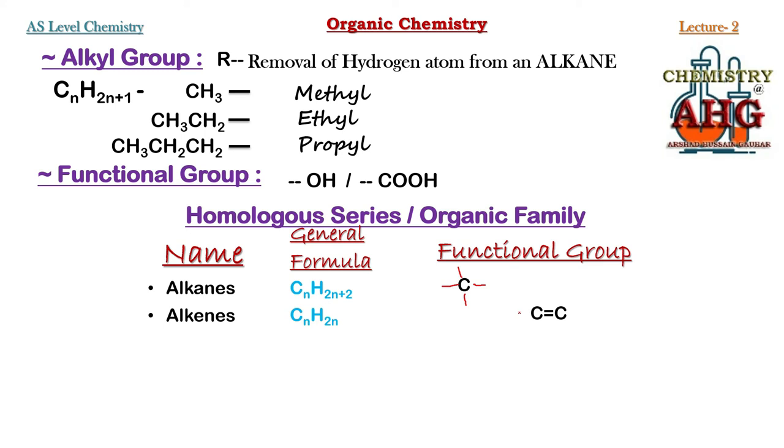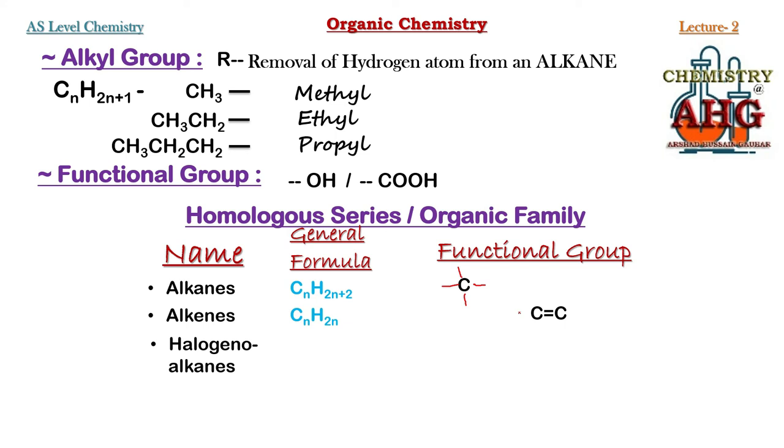Alkanes are known as saturated hydrocarbons, saturated organic compounds. Alkenes are known as unsaturated hydrocarbons, unsaturated organic compounds, because they must have at least one double covalent bond. Now, the next organic family in your syllabus is halogenoalkanes.